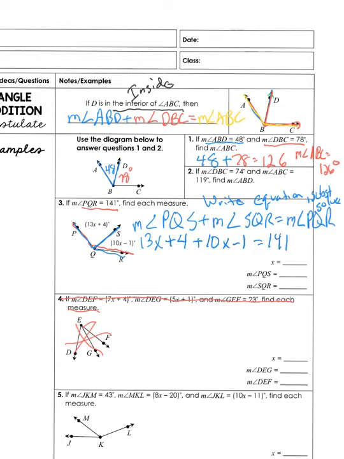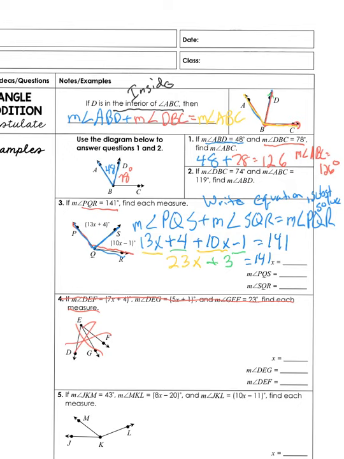So now I'm going to combine like terms. I notice that I have 13x and 10x on the same side, so that makes 23x. I also notice I have 4 and negative 1 on the same side, and that makes plus 3. I haven't messed with the other side, so I'm just going to slide that down, equals 141.